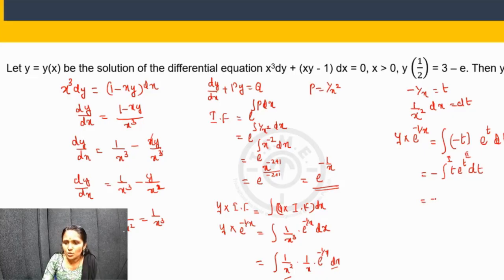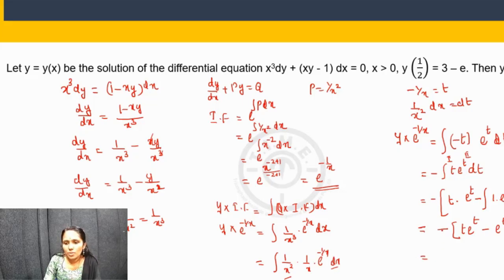This is equal to minus into first function t into the integral of e raised to t, that is e raised to t, minus the integral of the derivative of the first function, that is the derivative of t is 1, into the integral of e raised to t. This is equal to minus of t into e raised to t minus the integral of e raised to t, which is e raised to t, plus a constant of integration.